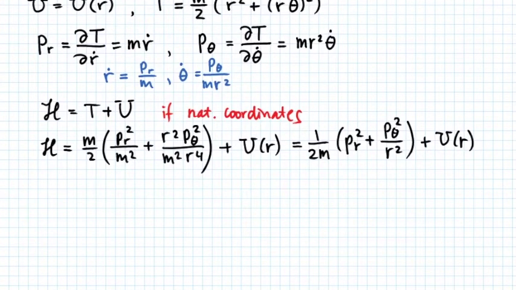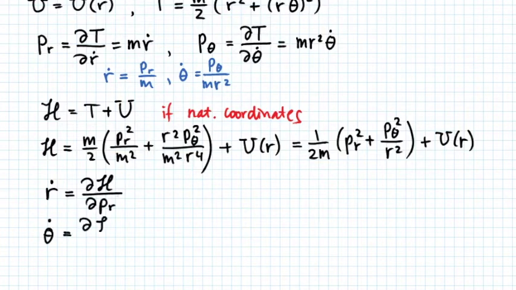Now we are ready to generate Hamilton's equations. We expect to have 4 equations, 2 for components of position and 2 for components of momenta. r dot is going to be given by the partial derivative of the Hamiltonian with respect to p sub r. Theta dot will be given by the partial derivative of the Hamiltonian with respect to p sub theta.